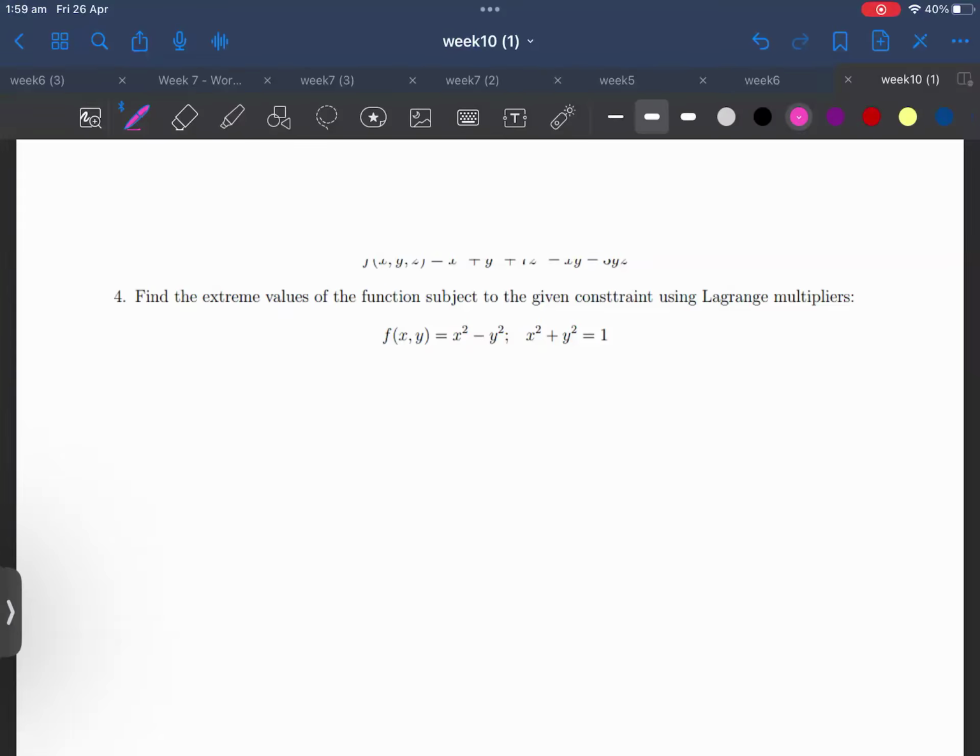Now we'll solve problem 4. Find the extreme values of the function subject to the given constraint using Lagrange multiplier.